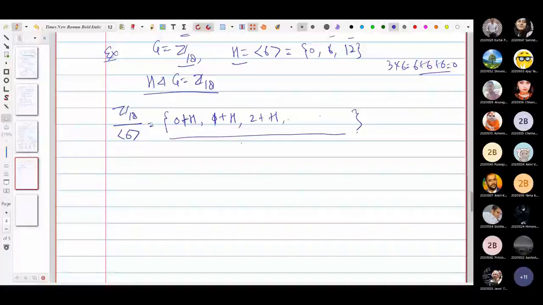For example, if you take 5 plus H and add another coset element, these are the elements from here. So you can define the operation here also.